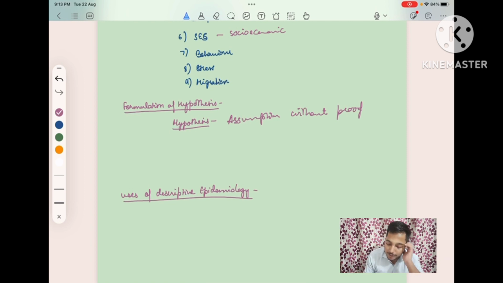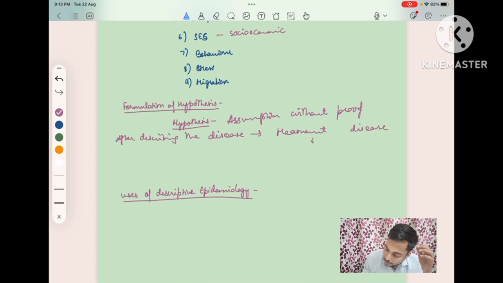So after describing a disease in terms of time, place and person, what you have to do is, after describing the disease, you do measurement of disease, then compare with known indices, and then formulate hypothesis.